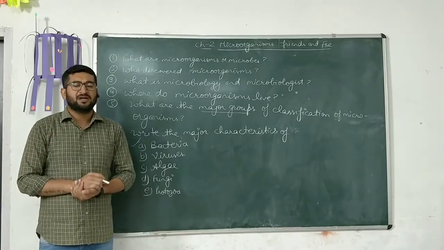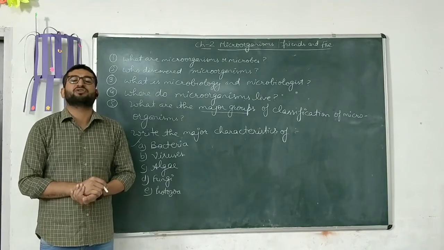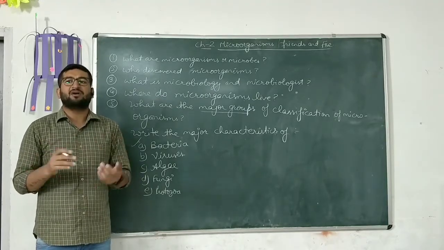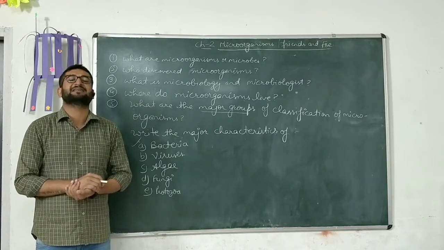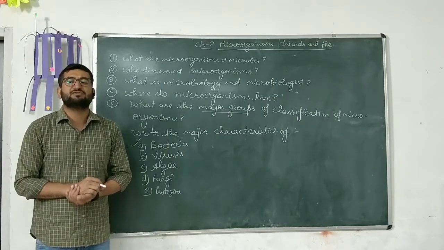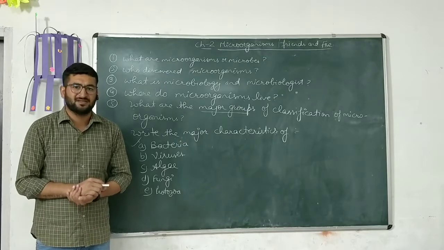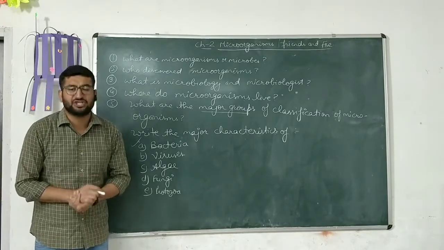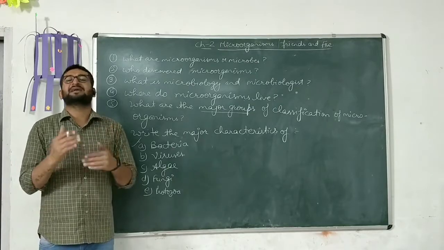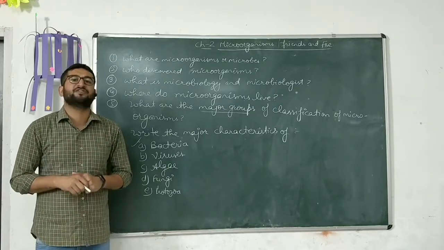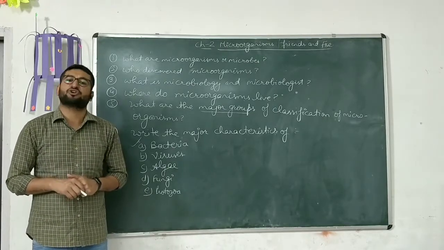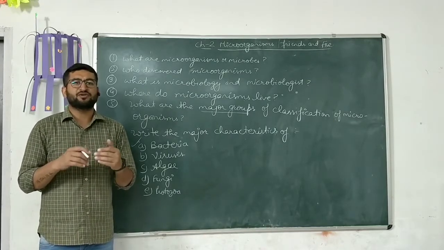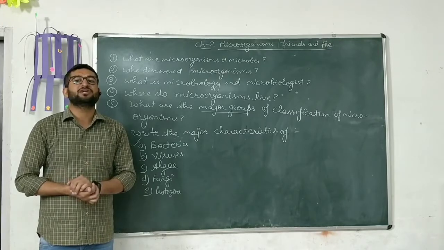The example is Streptococcus pneumoniae, the causative agent of pneumonia. Next, spirilla or spiral-shaped bacteria. The example is Treponema pallidum, which causes sleeping sickness. Next, the 4th shape is Vibrio, that is comma-shaped bacteria, and the example is Vibrio cholerae, which causes cholera. So these are the various forms of bacteria on the basis of their shape.